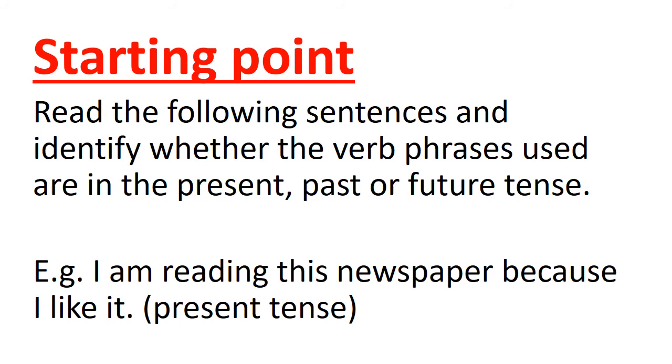Future tense we know how to make by using different ways, by using different auxiliary verbs. Look at this example in starting point. I am reading this newspaper because I like it. I am reading means present progressive. I like it, simple present. That means this sentence belongs to present tense.